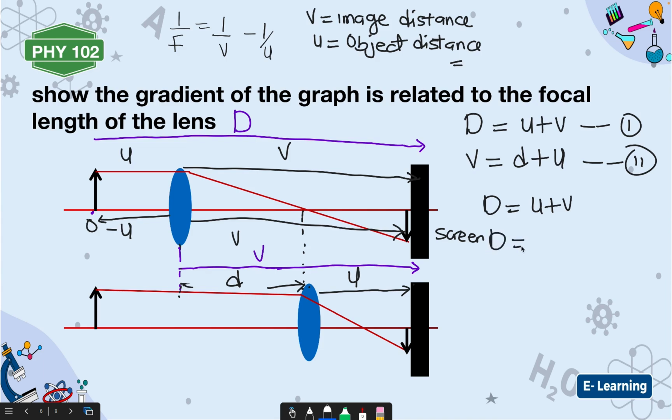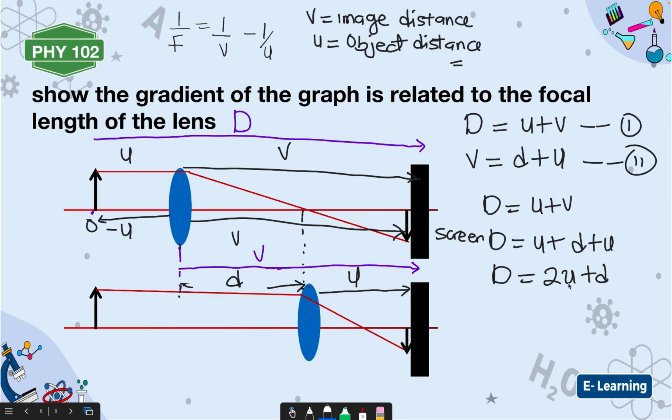So at the end of the day, d will be equals to what? This d, we said v is d plus u, which is u plus. Wherever you see this v, put d plus u. So here will be d plus u. So that at the end of the day, what are we looking for? We are looking for u. So we say to find u, u plus u will give us what? 2u plus d, right?